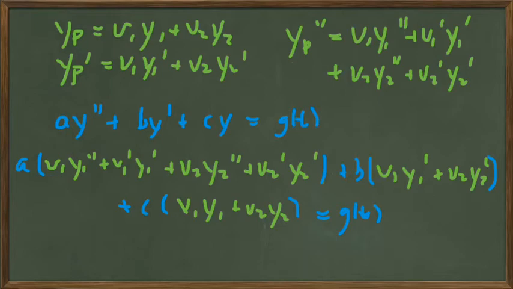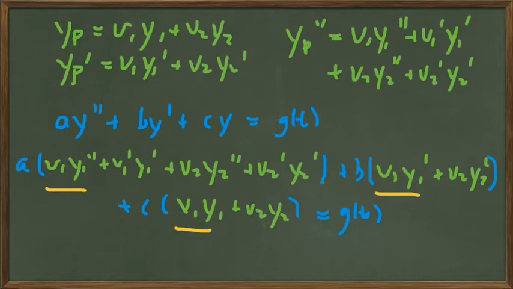So we're going to do some regrouping here, which is going to allow us to greatly simplify this differential equation. So let's take all of the terms that have v1 multiplying them. So that's this term and this term.